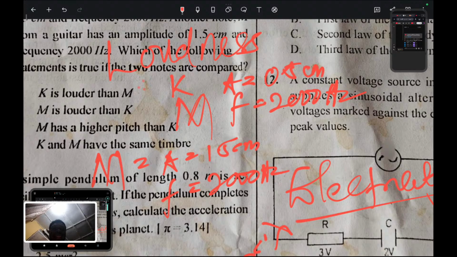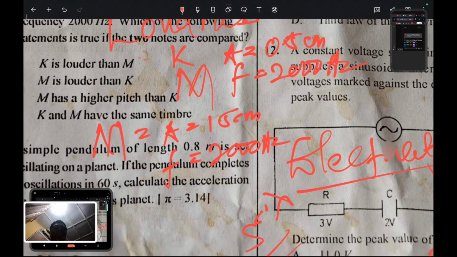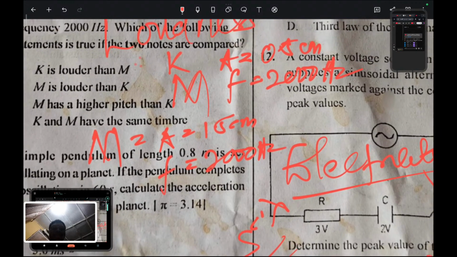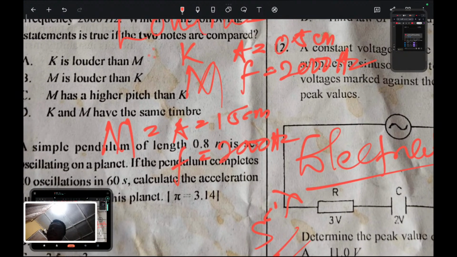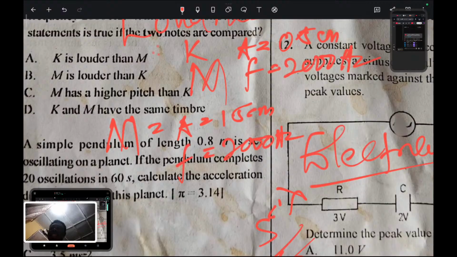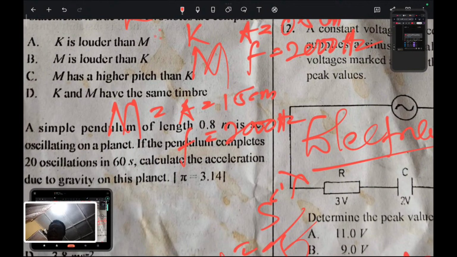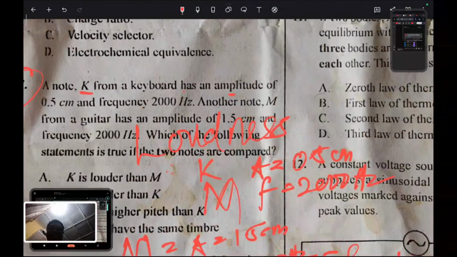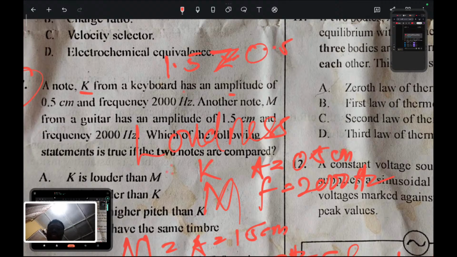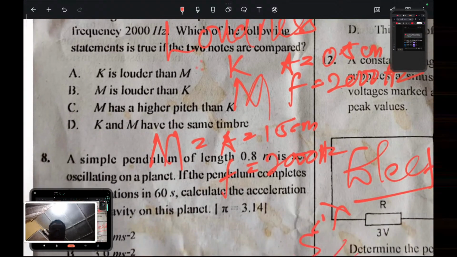You now check which amplitude is greater than the other. If you are my student, you must pass this WAEC. So loudness depends on amplitude. And since 1.5 is greater than 0.5, from the question, isn't it? Hence, which option is the correct answer?